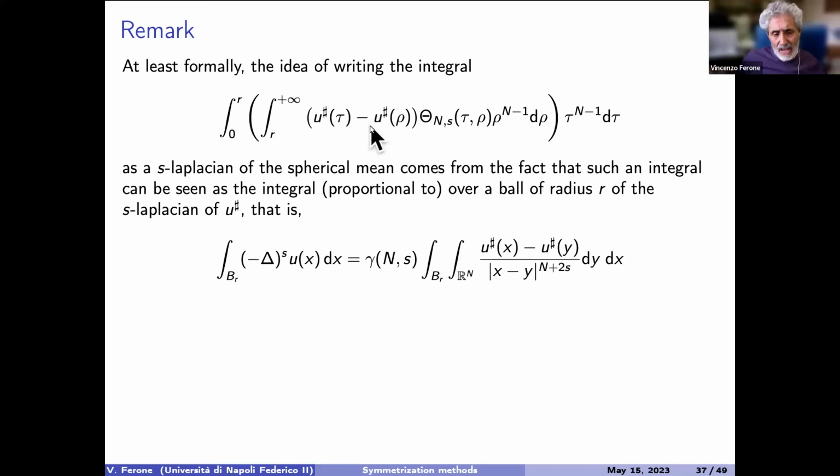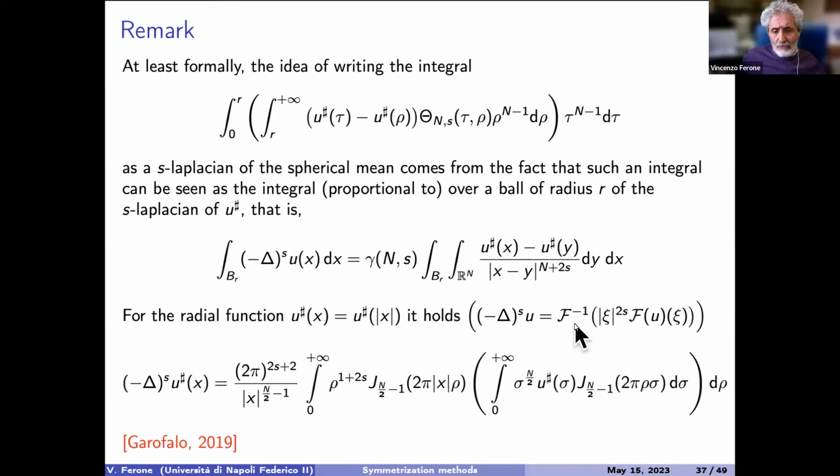Just a word about the idea of writing this quantity as an S Laplacian in n plus 2 dimensions. The idea came from the fact that actually this double integral can be seen as the integral over a ball of minus Laplacian of U sharp, which is the integral over BR of this quantity here.